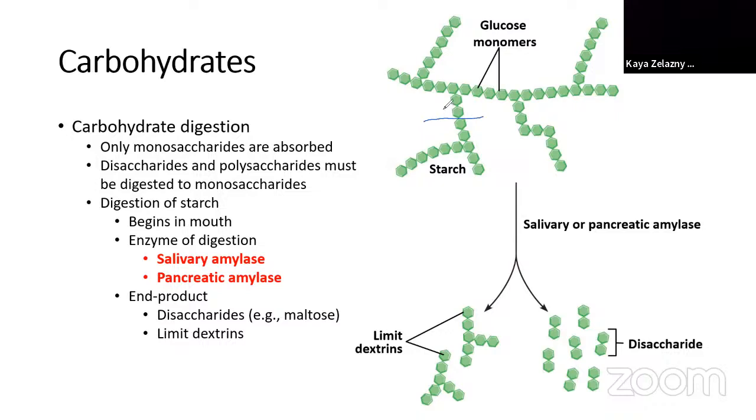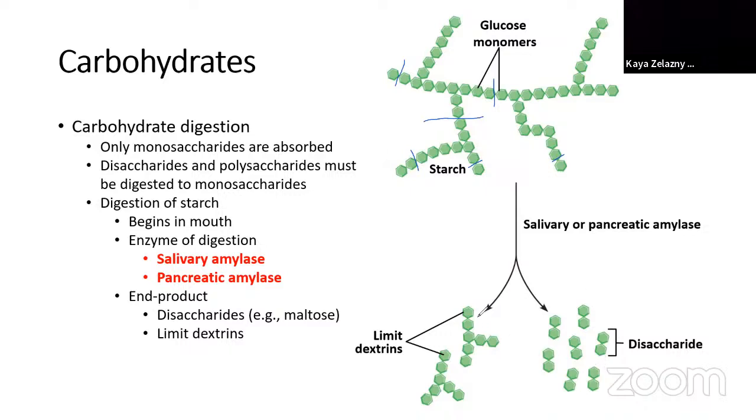So what they're going to struggle with is they can break between pieces of the chains, but they have a lot of difficulty. Basically, they can't break at the branching points. They struggle with these branching points. So as we start this digestion, we're breaking off pieces of our larger carbohydrate, but a lot of our storage molecules, particularly starch, so that's our plant form of storing glucose monomers, have these branching points, so we need to figure out how to break those apart as well.